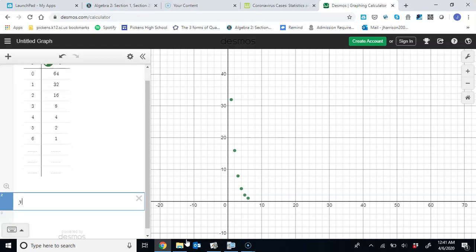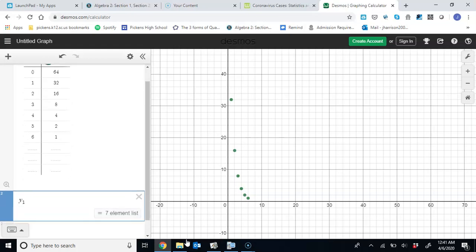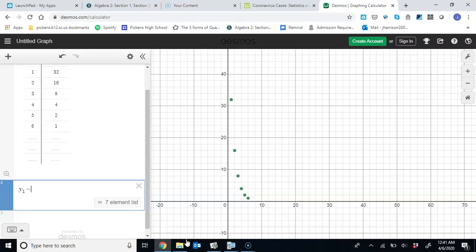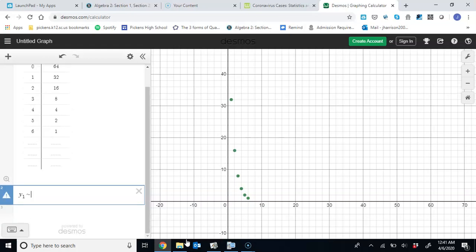So I'm going to type in y1, but instead of the equal sign, I'm going to hit the little squiggly sign. It is shift, and it is the little button right beside the number 1. It's this little squiggly equal sign right here. What this is going to do is give me the approximate equation, or what we call the best fitting equation, or regression equation.